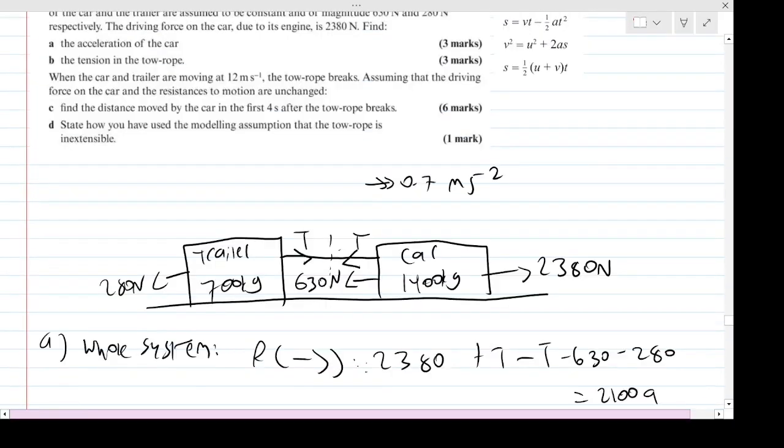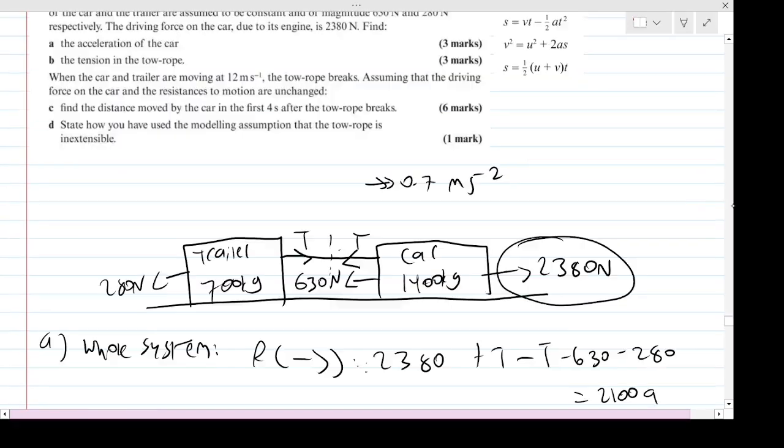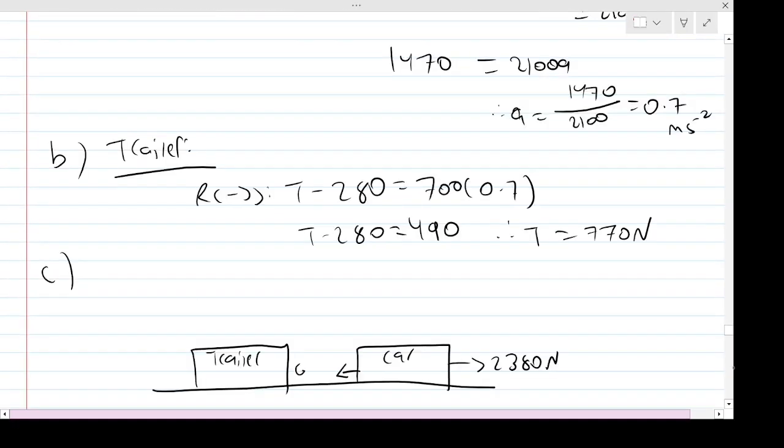Now, what we're told is the driving force and the resistance forces are unchanged. So the driving force here is still 2,380. The resistance to the car is still 630. And the trailer still has a resistance of 280. Now, the tow rope breaks. So there is no tow rope, so there's no tension. So actually, it does make things easier.